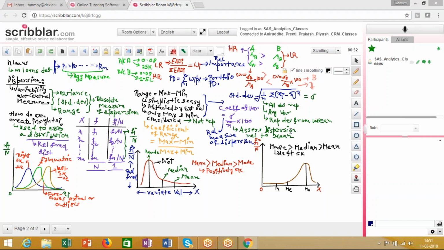Okay, so Prakash has a question over here. Can we draw the distribution for a mix of positive and negative values? Yes, we can. If you have negative values at one end, then those are lower end values, and if you have some positive values, they form the tail values, or it can be symmetric, or right skewed or left skewed.